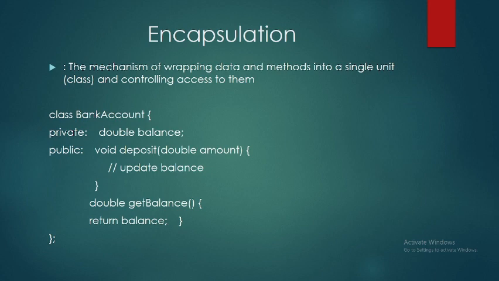You would ask, what is the difference between private and protected? Whatever data members or functions you mention under protected, only the data members belonging to that class can access it, or the classes which are inherited from that class.